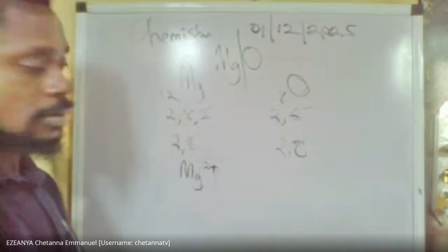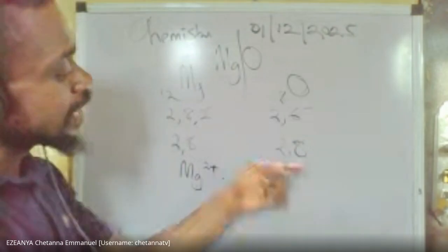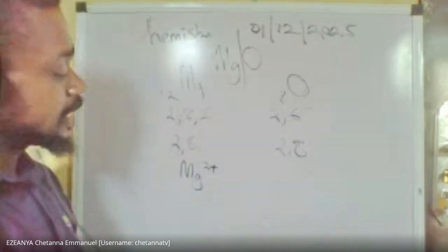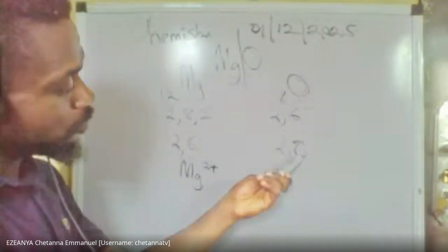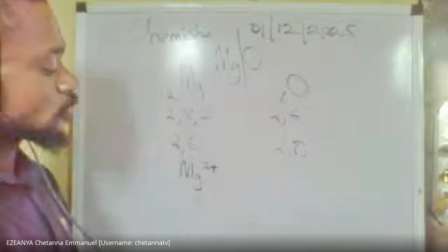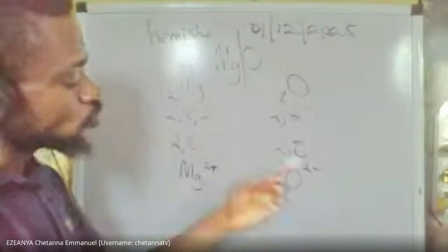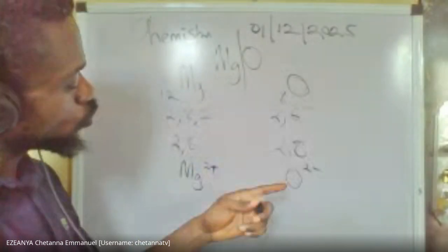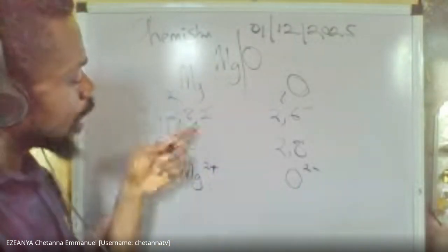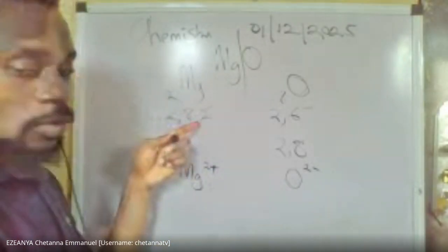And once oxygen gains the two electrons to complete its octet structure, it becomes what? If magnesium loses two electrons, the number of protons will be more than the number of electrons by 2.